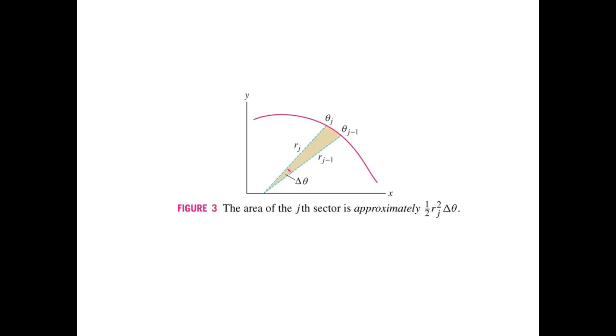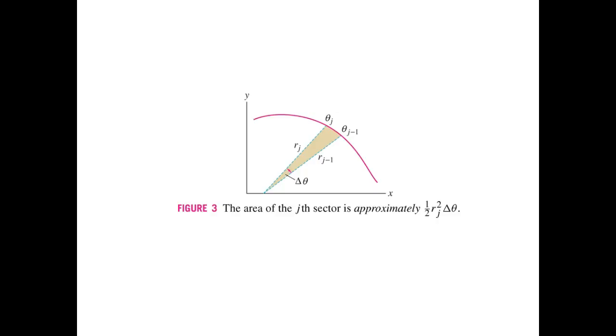Your r, now this isn't a semicircle anymore, but as long as this is a pretty small theta, and this is a continuous function here, r sub j minus 1 and r sub j are about the same. Especially if you get a smaller and smaller delta theta, they're almost exactly the same. And make it a d theta, and you can basically say they are the same.